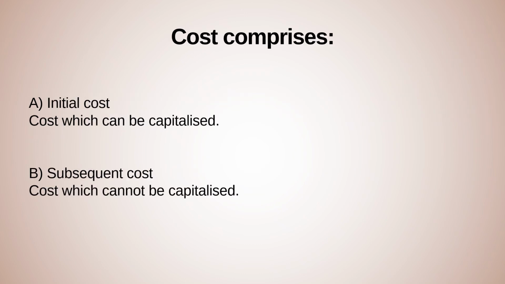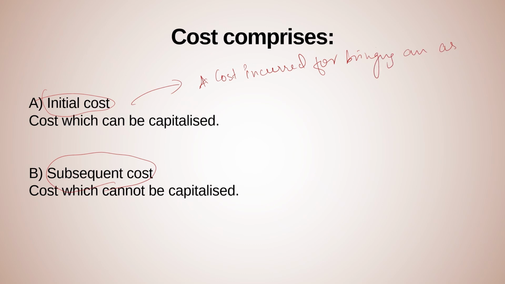Next, cost. Cost comprises, first, initial cost and second, subsequent cost. Initial cost is cost which can be capitalized, and subsequent cost is cost which cannot be capitalized. Initial cost includes cost incurred for bringing an asset into working condition.